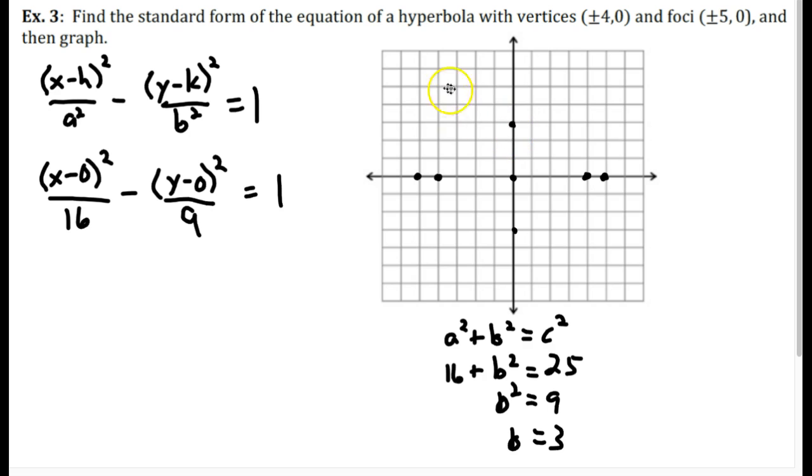So remember, this creates a box that we're going to use. Okay, now in this box, I am going to draw diagonals as my asymptotes.